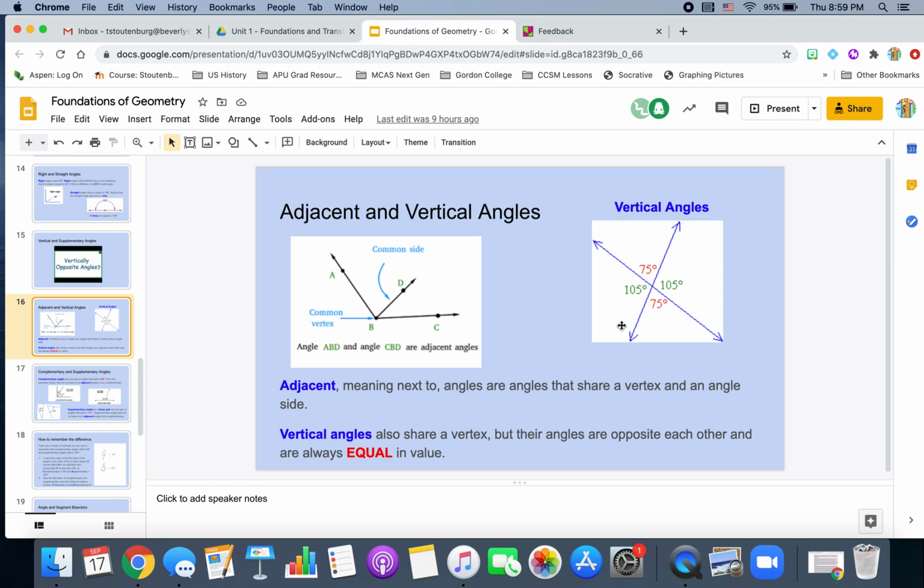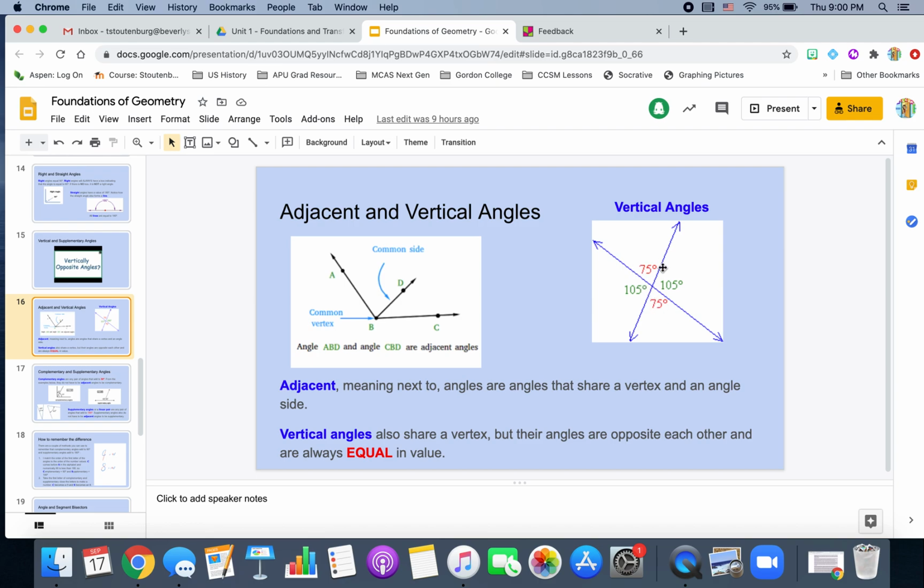Okay. Now, vertical angles, and I mentioned that as one of the examples at the very beginning of the slideshow. Vertical angles share a vertex, but are opposite one another. What makes vertical angles unique is that they are equal in value.